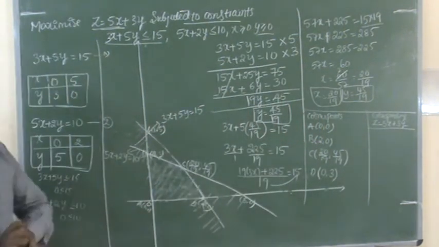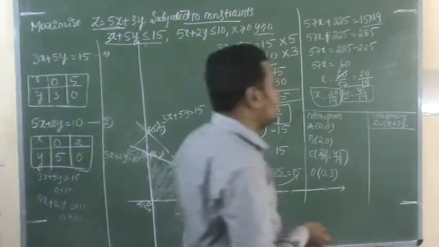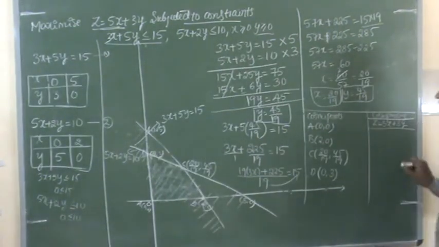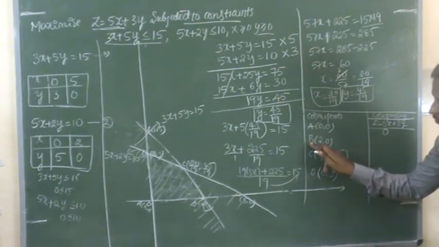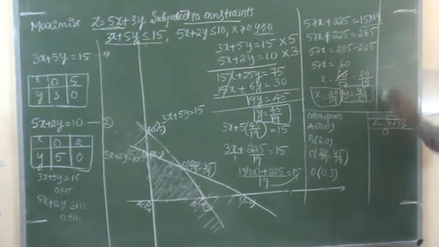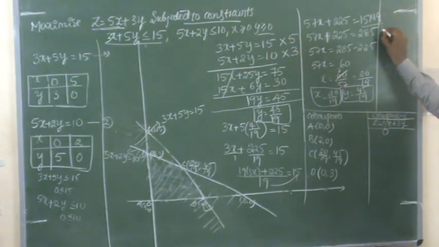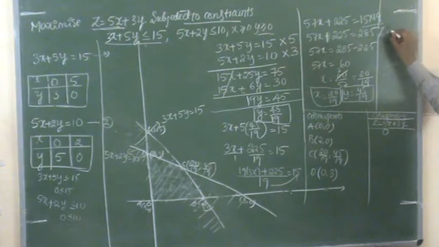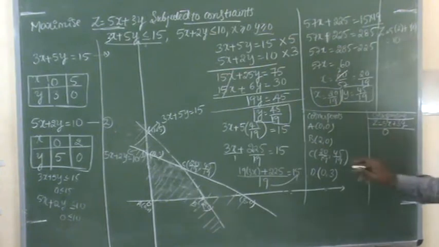Now substitute in the objective function. For A, Z is equal to 0. For B, 2, 0, Z is equal to 5 into 2 plus 3 into 0, that is 10.